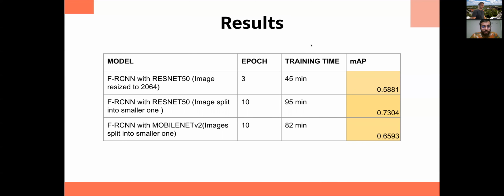We could see that there are 3 epochs, and we have 10 epochs in the later iterations, because in the first iteration, if we did more epochs, it showed an out of memory issue. So that's how we arrived at these numbers of epochs. And we could also see that there is a major improvement in accuracy when we used ResNet 50 with smaller images rather than MobileNet and the ResNet with larger images, which shows that the tiling approach is really a game changer.